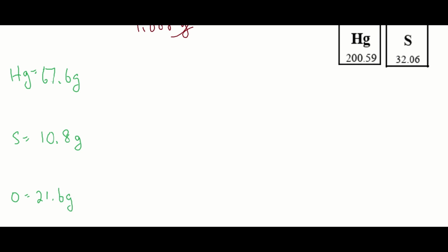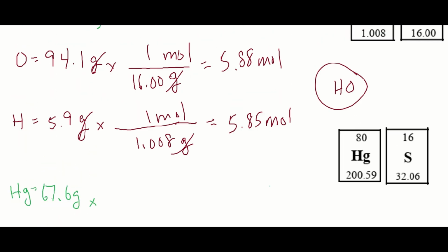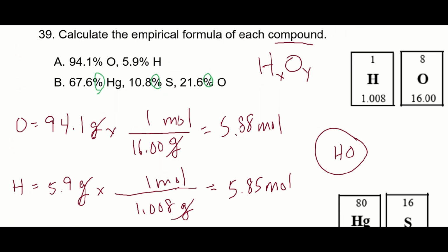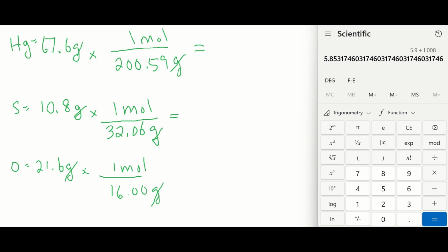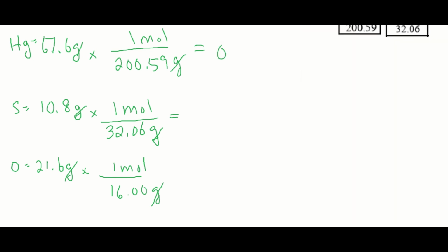Next, let's turn these into moles using the molar masses from the periodic table. Let's punch these numbers in our calculator. 67.6. If we had that many grams of mercury, let's divide that by the molar mass, 200.59. We would have 0.337 moles of mercury.